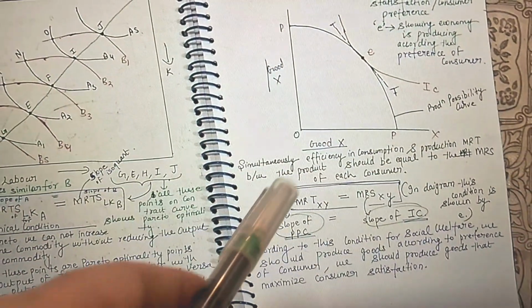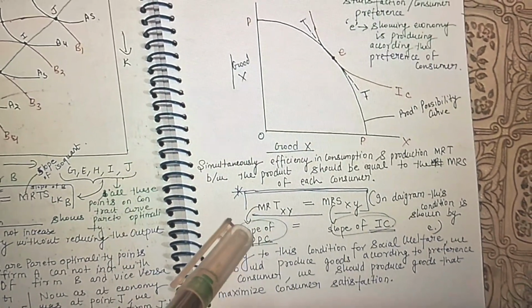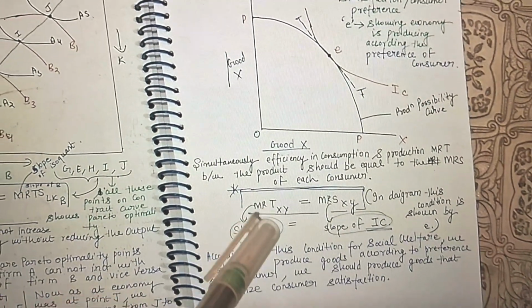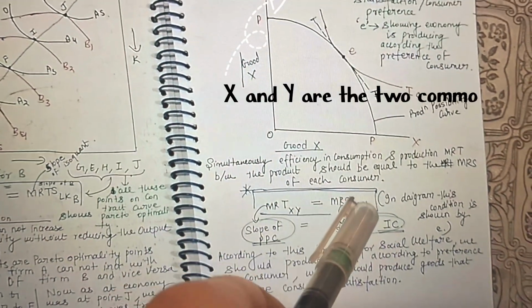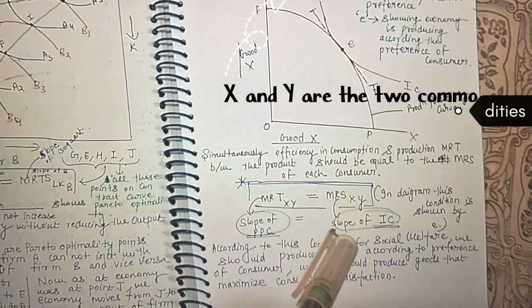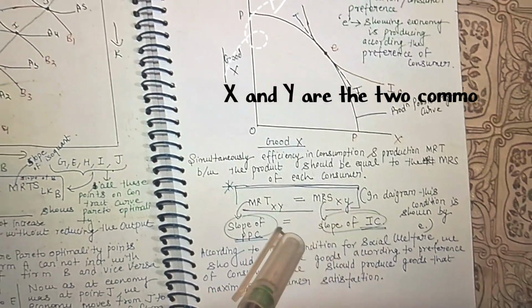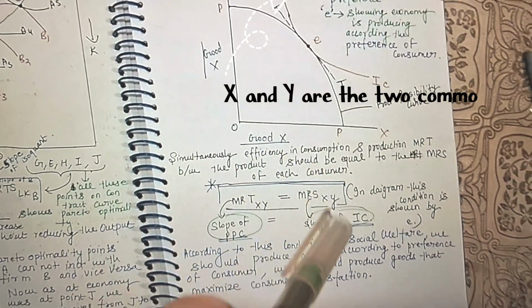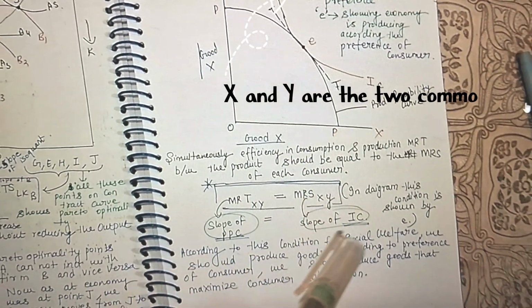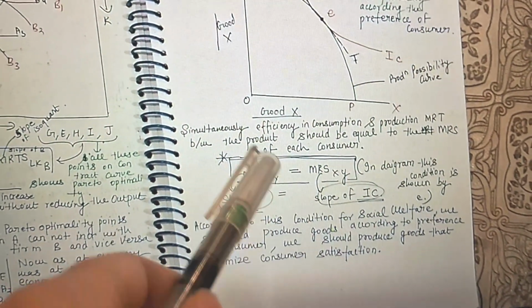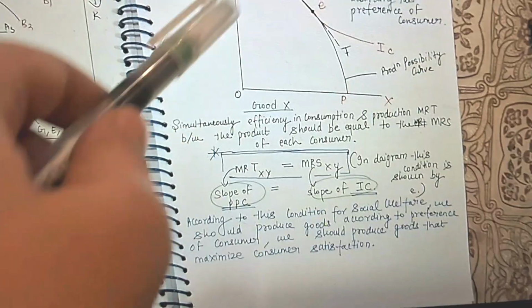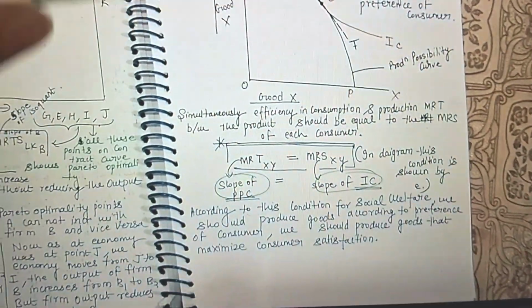For this, Pareto gave another technical condition: the marginal rate of transformation, MRT, for X and Y should equal the marginal rate of substitution, MRS, for X and Y. MRS shows the slope of the IC curve and MRT shows the slope of the PPC curve in the diagram shown over here.